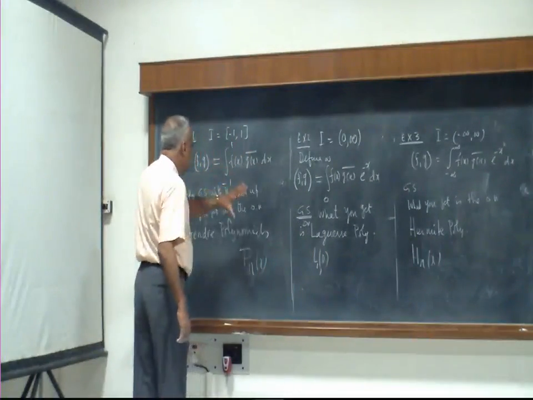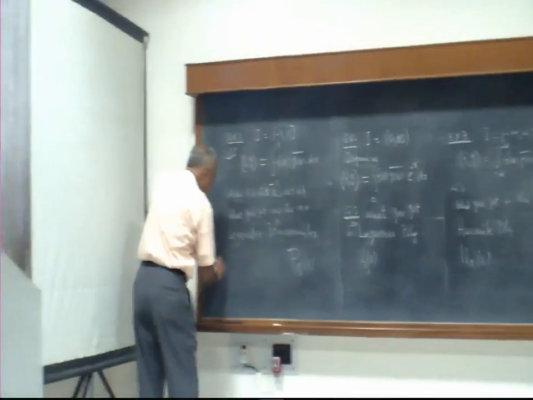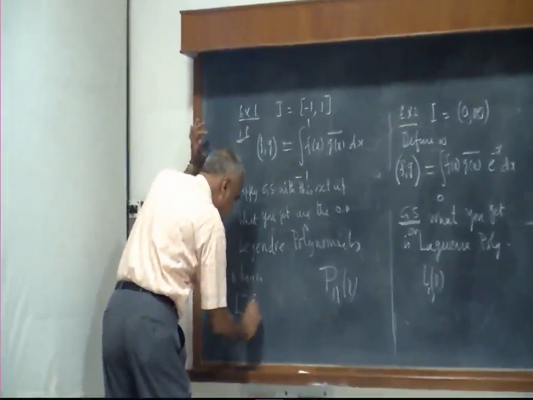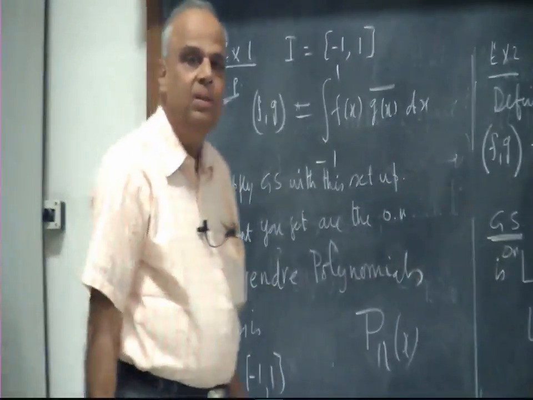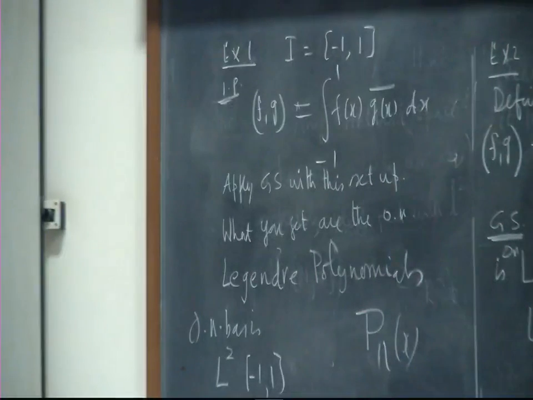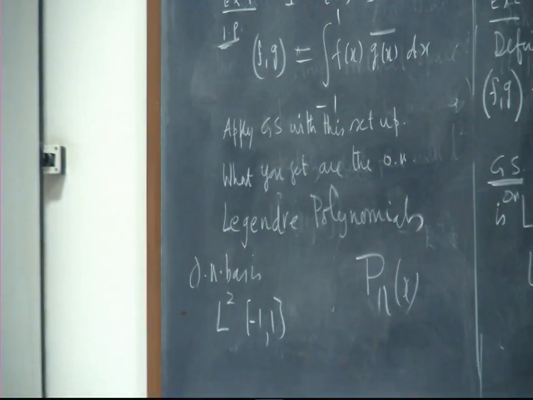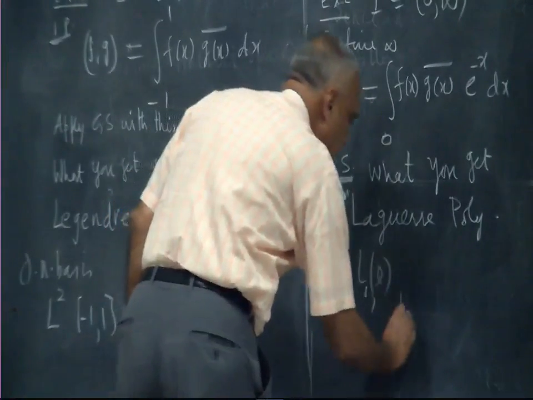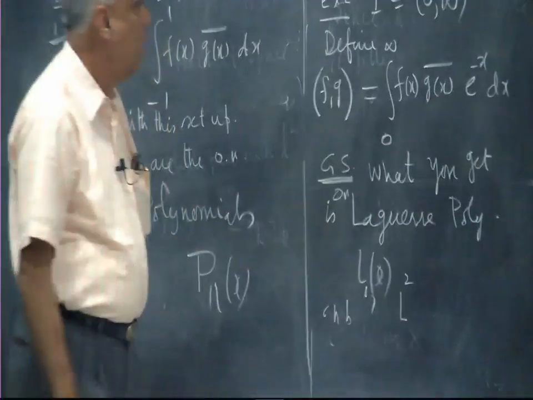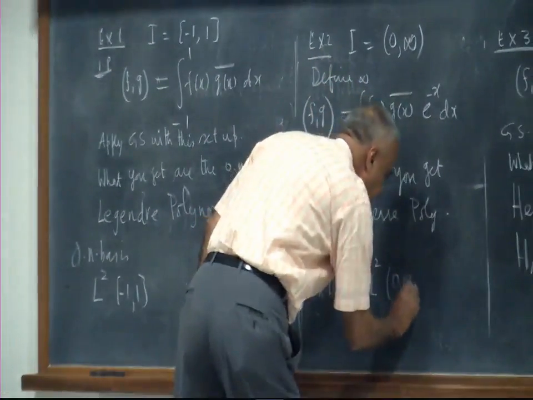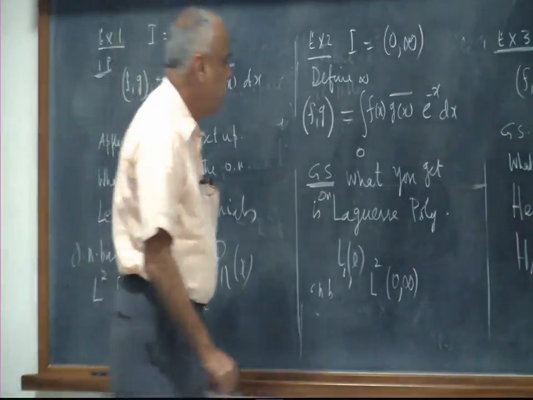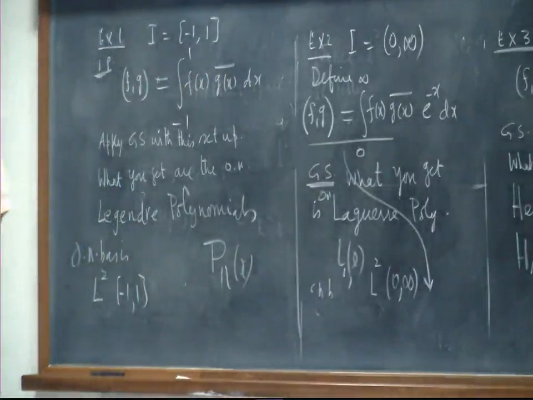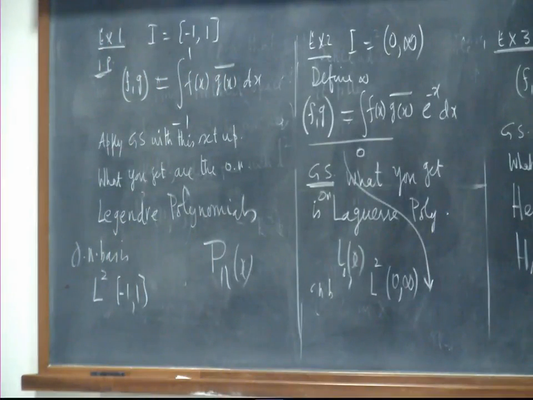Now, what about the Hilbert situation? This sequence forms an orthonormal basis in L2 of minus 1 to 1, all functions which are square integrable on minus 1 to 1. This sequence forms an orthonormal basis in L2 of functions on 0 to infinity with that inner product, because otherwise that integral may not be finite.